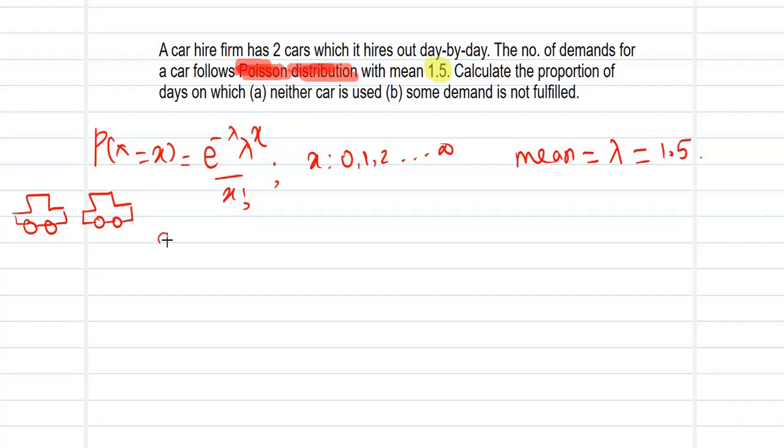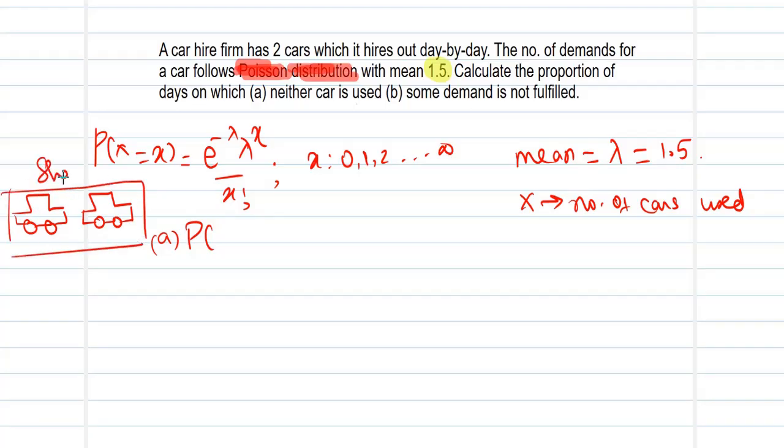Neither car is used. So let x be the random variable denoting the number of cars used in a day. So what happens in our first division? Neither car is used. Both of them are in the same shed. None of them is moving out. They are both held in the shed itself. So you have 0 cars to be used.